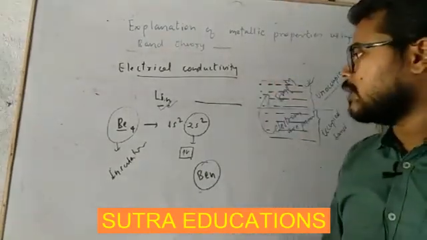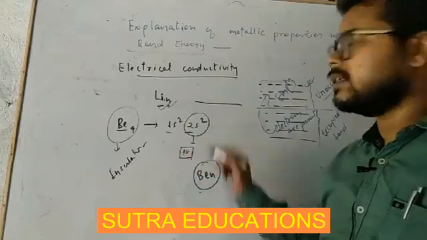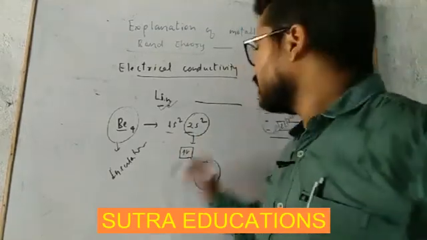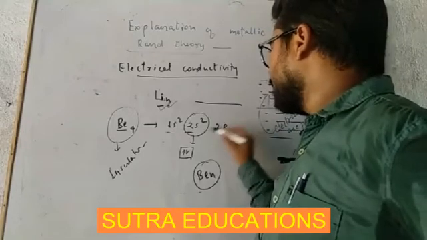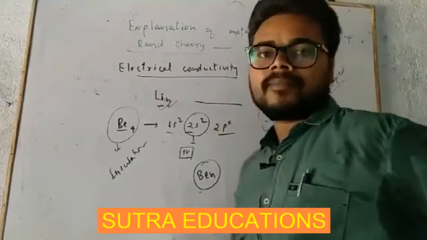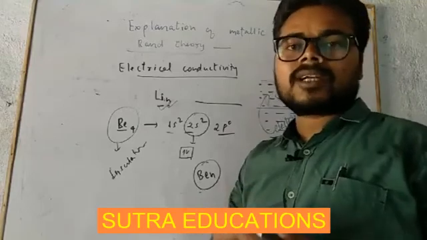What happens in this case is, it is 1s, 2s, and in class 11th you have studied that if there is 2s, there is also 2p, and here 2p is 0, meaning no electrons are present in 2p.